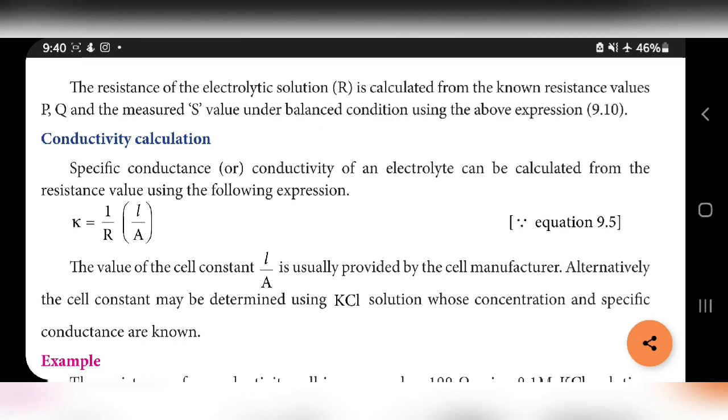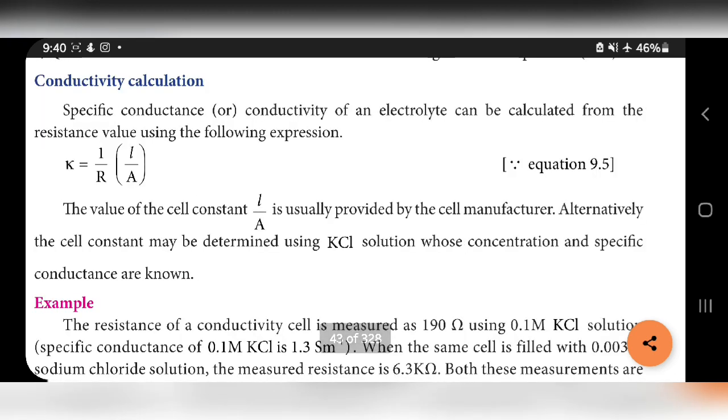Conductivity calculations. Already you know one formula: kappa is equal to 1 by R into L by A, or kappa is equal to C into L by A. Here L by A is the cell constant, which is provided by the cell manufacturer.